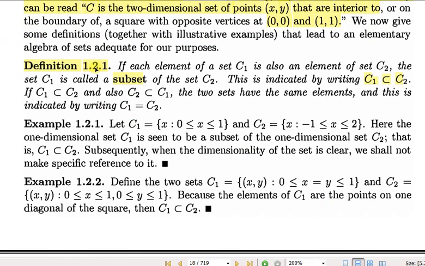Definition 1.2.1. If each element of a set C1 is also an element of set C2, C1 is called a subset of C2, writing like this.